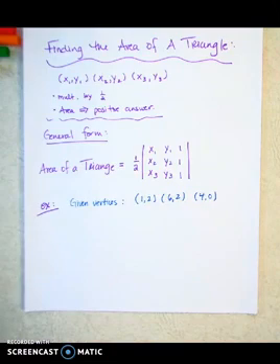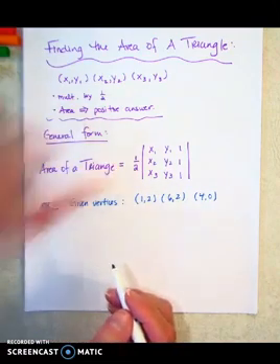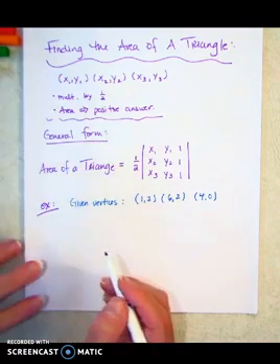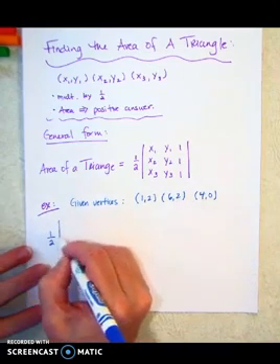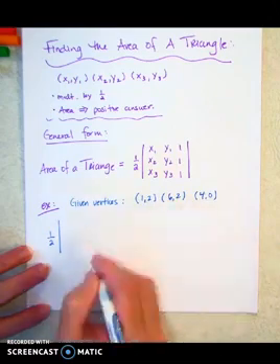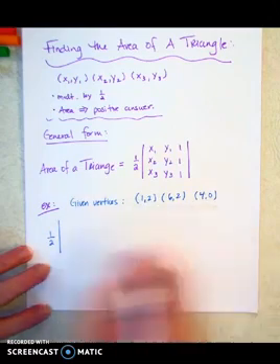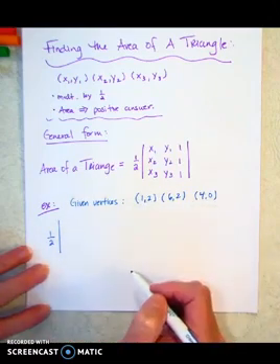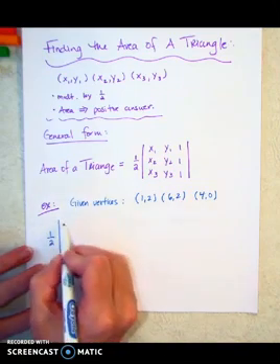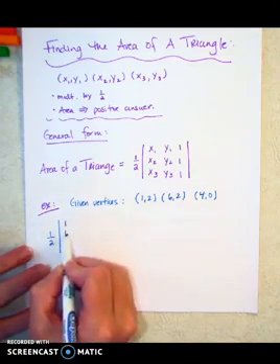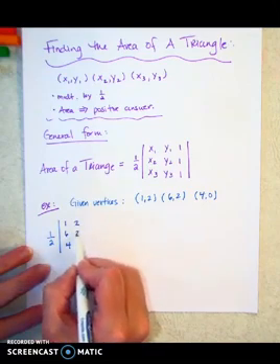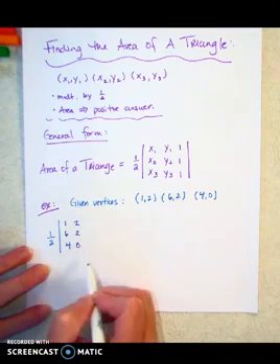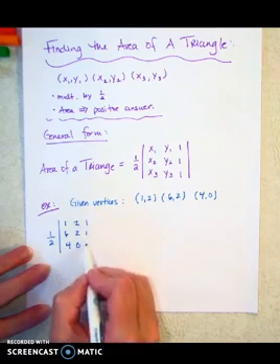So we're going to set up, using our little formula right up here, our determinant. So it'll be 1/2 times, all my x's are a column, all my y's are a column, and then I have a column of 1's. So 1, 6, 4, 2, 2, 0, and then 1, 1, 1.